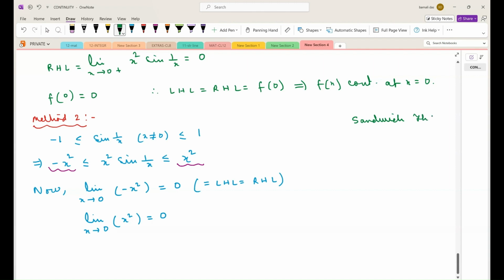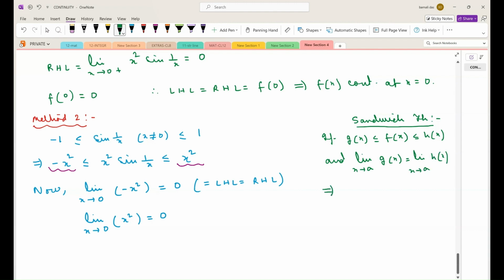It says that if you have three functions like this, gx less or equal to fx less or equal to hx, and limit as x tends to a of gx equal to limit x tends to a of hx, then the middle function will also have the same limit.